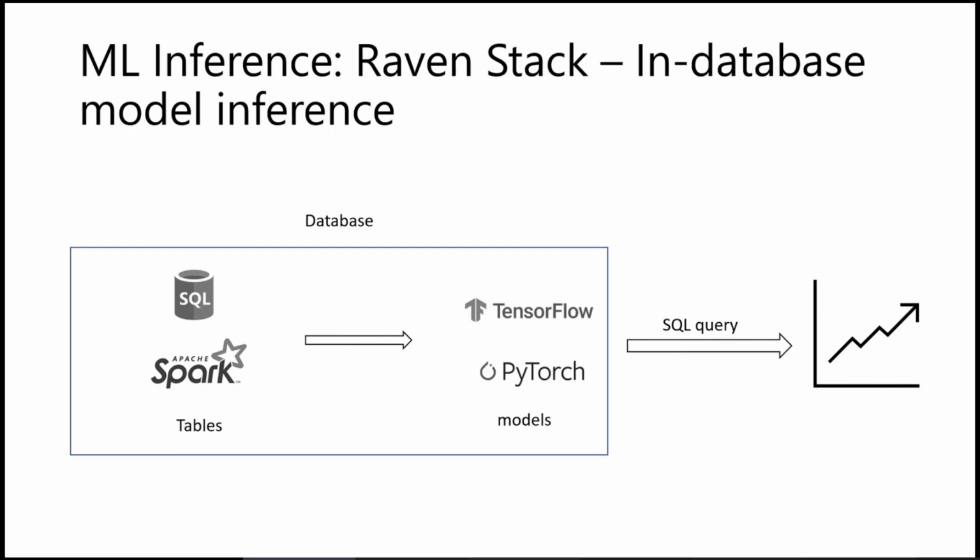So you have your models, and your models are just stored where your database is. And you can use a single query to take your data from the tables, sort it, transform it, and pass it into the models. And the result of the query is the prediction that you want. So we're putting everything together, and that helps.